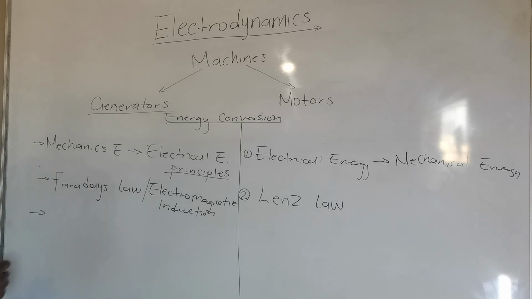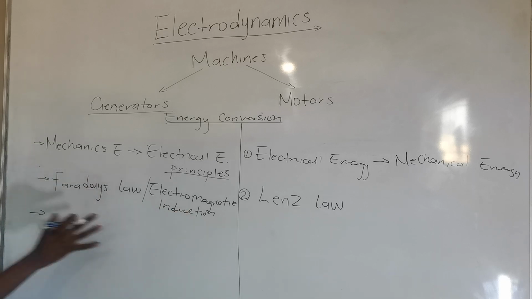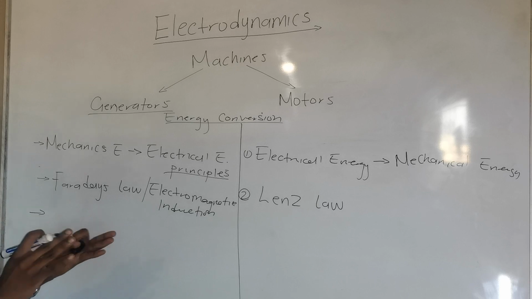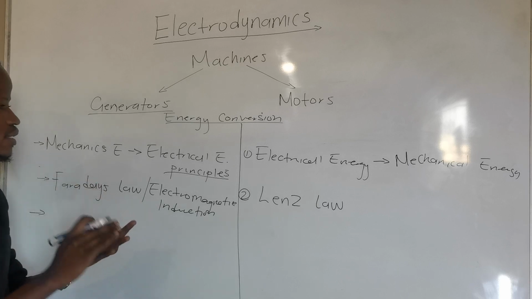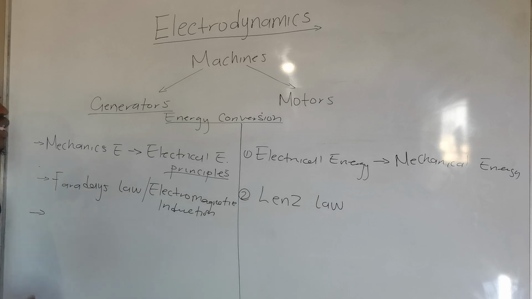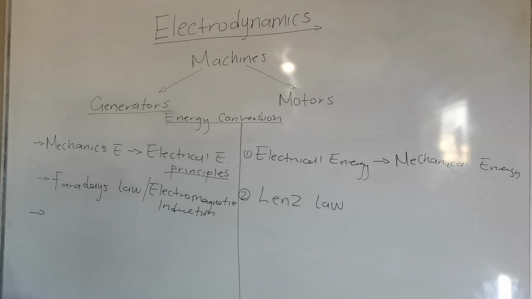So in that case, we know that this particular thing is operating based on the relationship of these three things, guys. The current, the magnetic field, as well as the force. The force, which is the one that is going to move the motors.